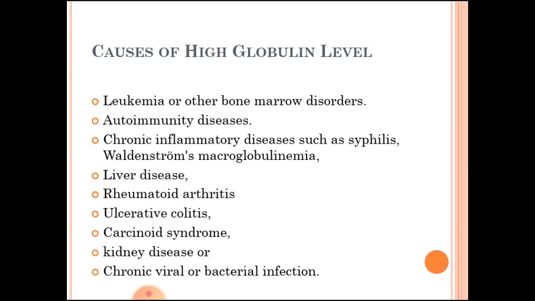Causes of high globulin, meaning increased globulin. The normal range of plasma globulin is from 1.5 to 3.5 gram per deciliter.